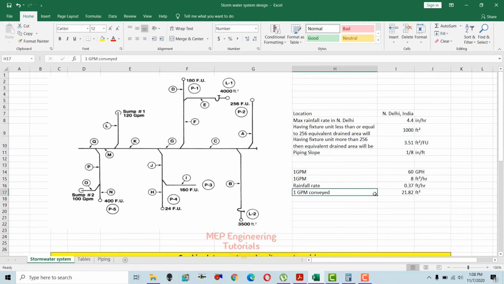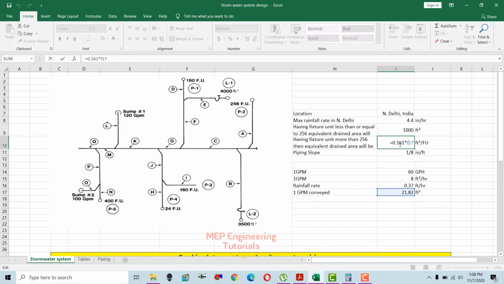Since we know that 1 GPM is conveyed to 21.82 square feet of horizontal surface if you have a rainfall of 4.4 inches per hour, this 0.161 you need to multiply with this area which we got here, 21.82.